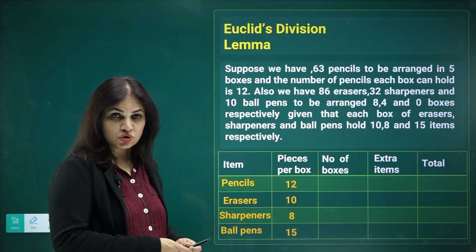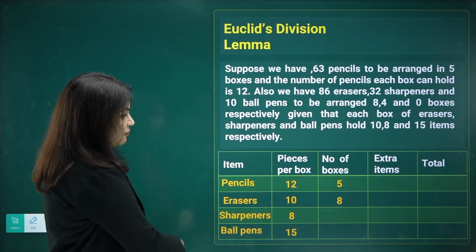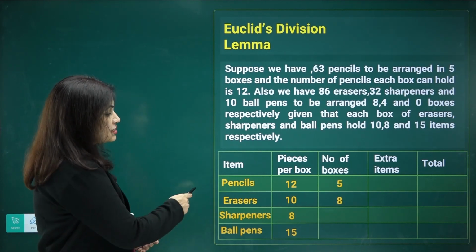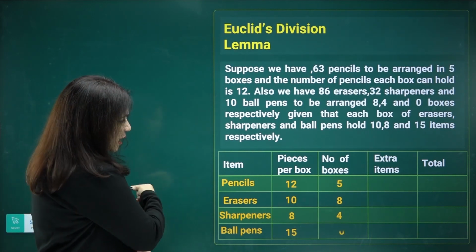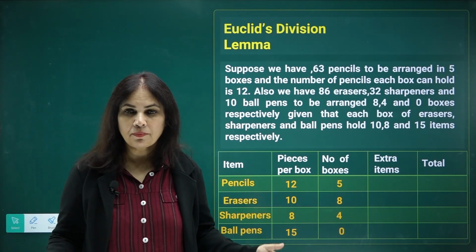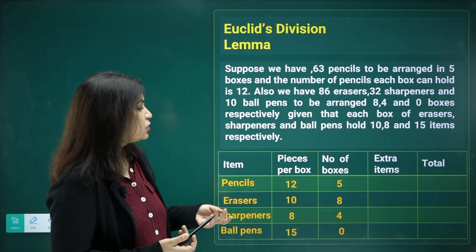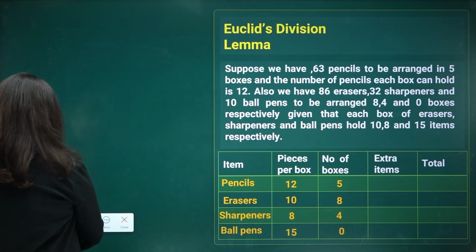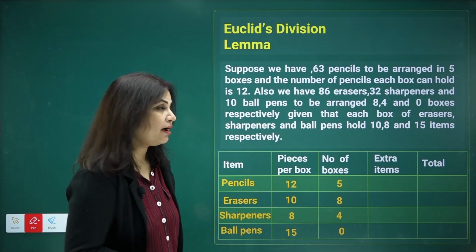How many boxes do we have? We have 5 boxes for pencils, we have 8 boxes for erasers, we have 4 boxes for sharpeners, and we have no boxes for ball pens. They have to be kept loose. Now, let us come back to the number of erasers, sharpeners, pencils and ball pens that we have.